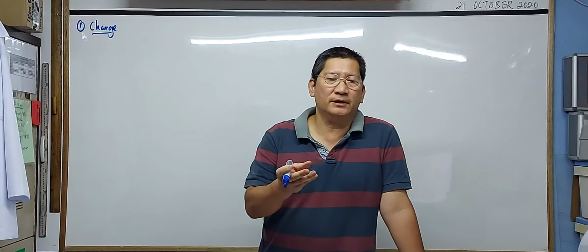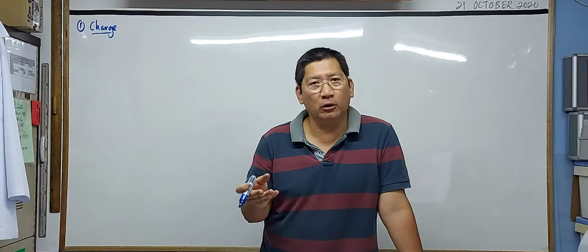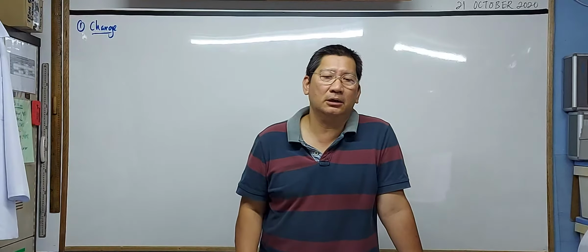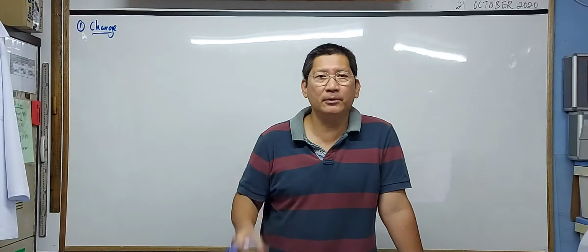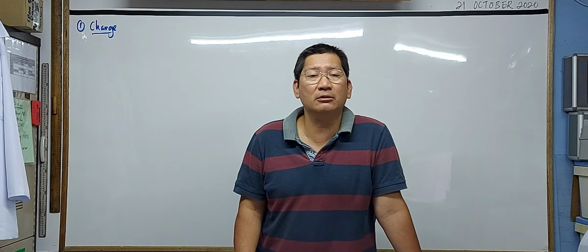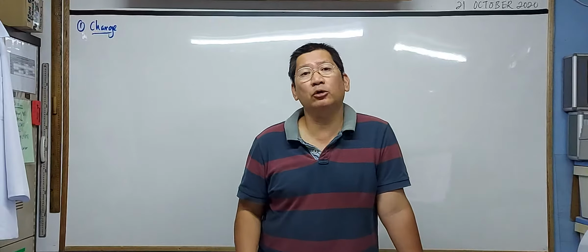Is the charge of electron and the charge of proton really a fundamental value with a certain amount? For example, electron is 1.602 times 10 to the power negative 19 Coulomb, and the same goes for protons.